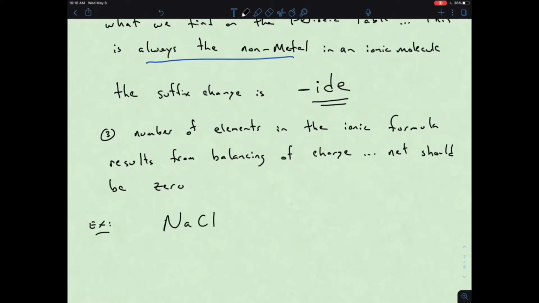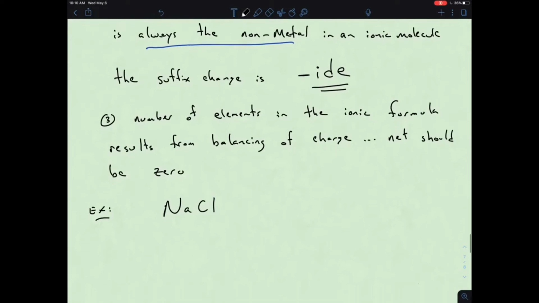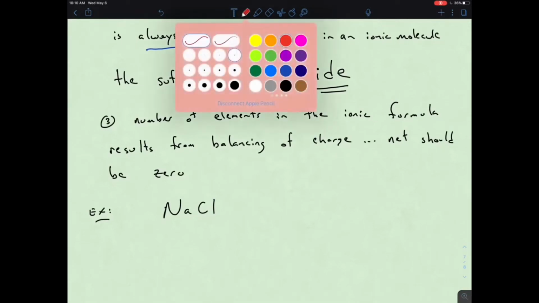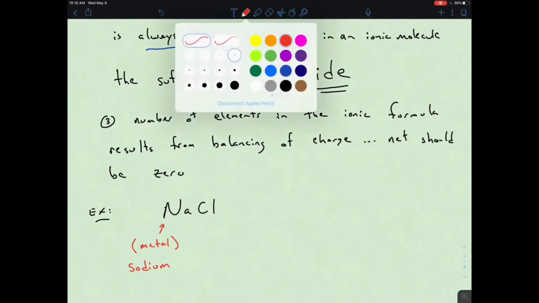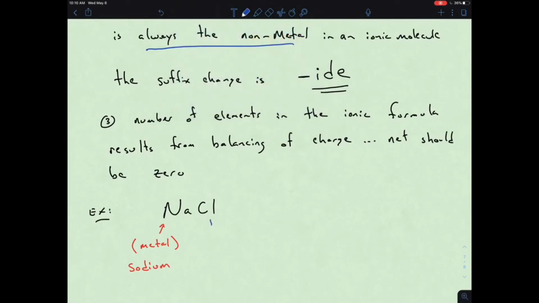Here we have NaCl. So here is our metal, and we would see that we have this metal of sodium. And then here we have our non-metal, which is chlorine.